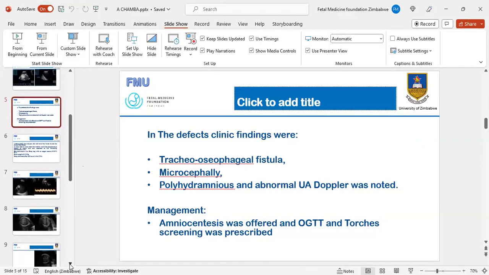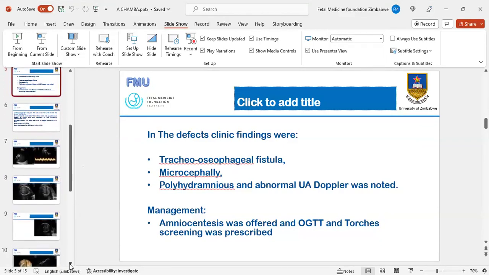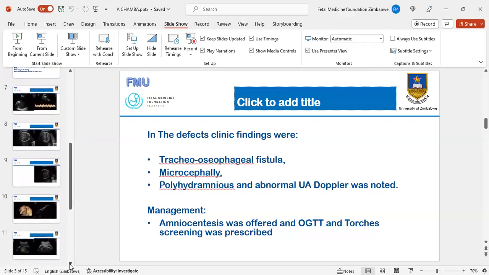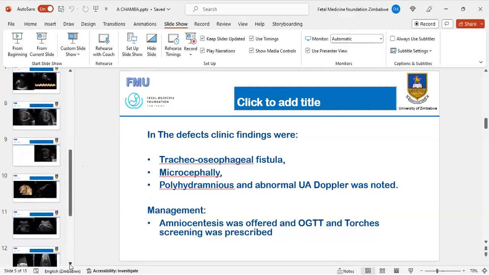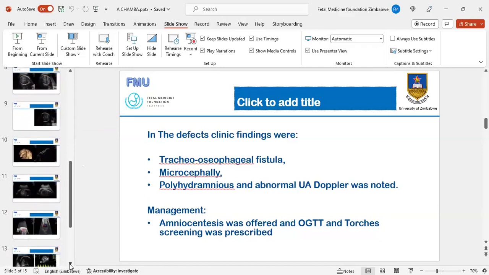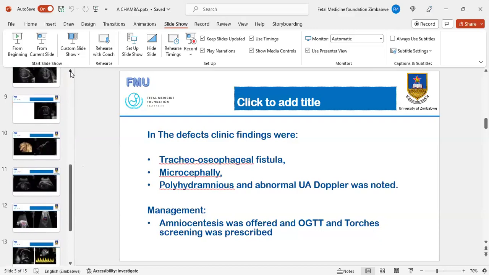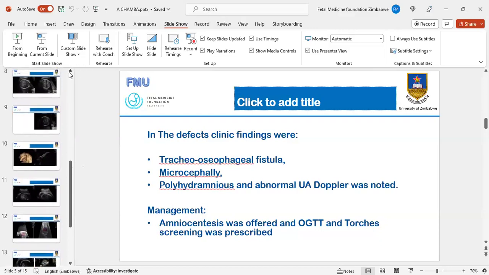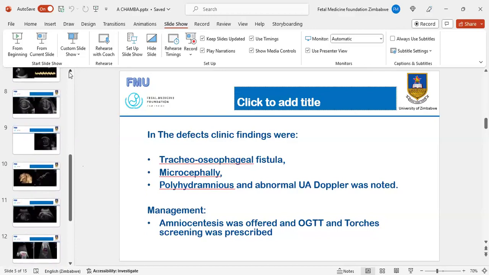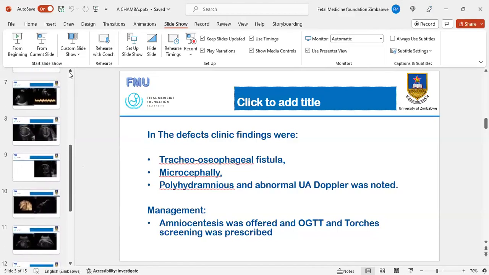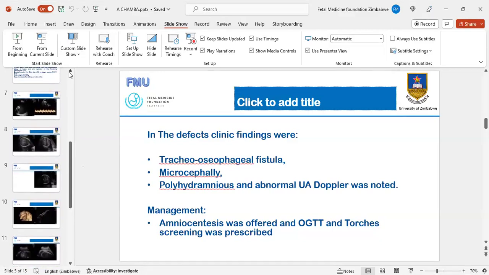But unfortunately, the couple did not have funds to have all those procedures done, and the couple then reported back at Mugabe admissions after the mother had gone into spontaneous labor, around the gestational age of 37 weeks.